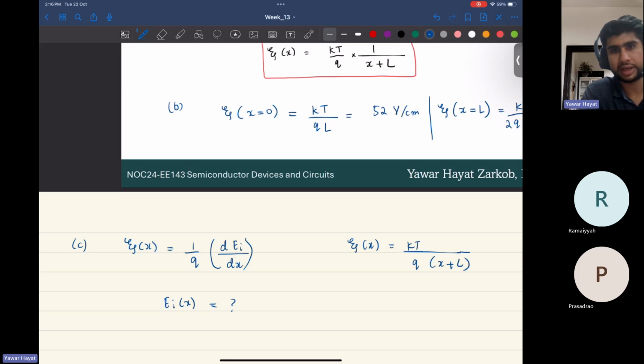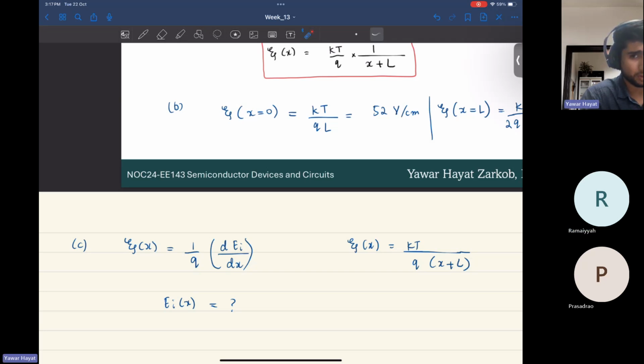I'm not looking for an exact answer, but what should be the nature of the function Ei of X? How should it vary with X? Okay, let me help you out. Ei of X is a function which when differentiated with respect to X gives a function that has 1 over X nature, right? So what is that function that when differentiated gives 1 over X dependence?